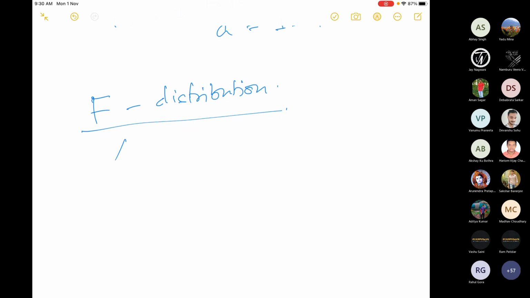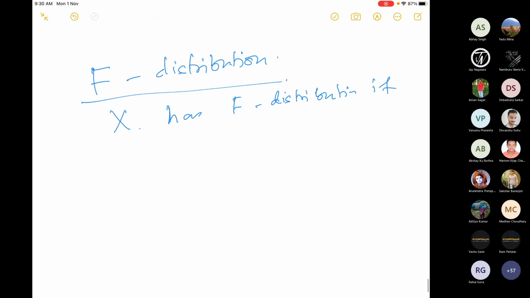Let's suppose X is a random variable. Then X has an F distribution if the PDF is this. There are two parameters now instead of one. This is much more complicated than the T distribution.